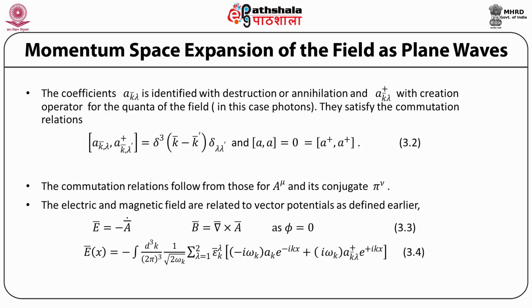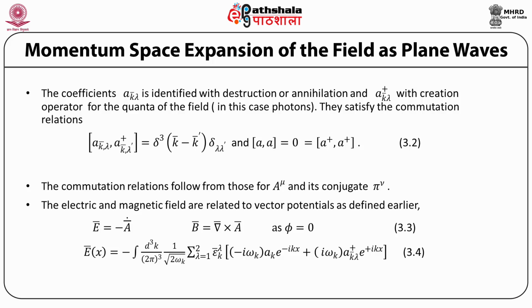The electric and magnetic fields are related to the vector potential as defined earlier. E vector is minus A vector dot, B vector is equal to curl of A vector, as phi, the scalar potential, is equal to 0 in our gauge.